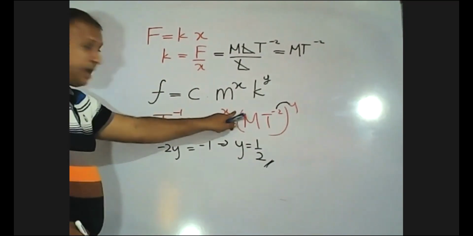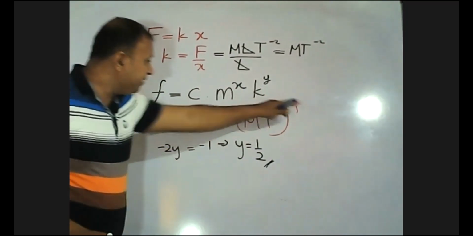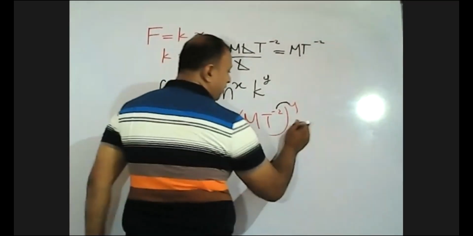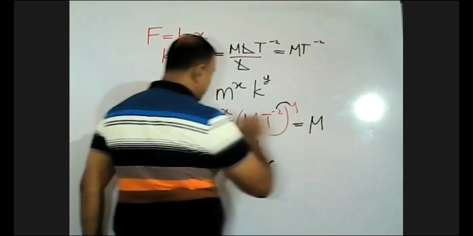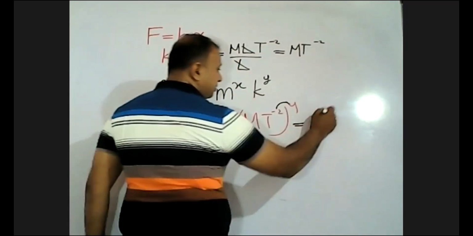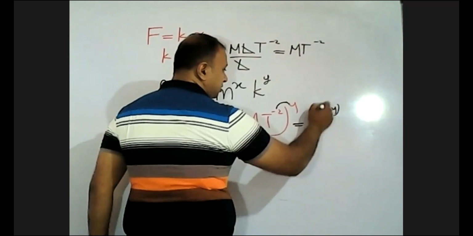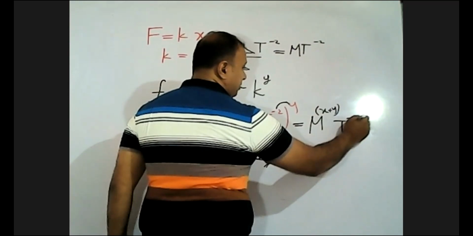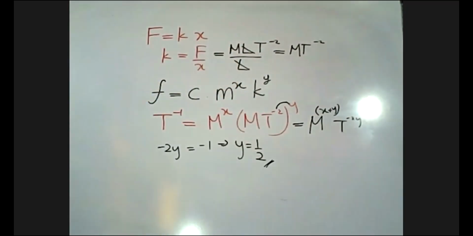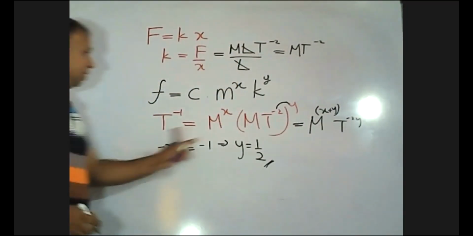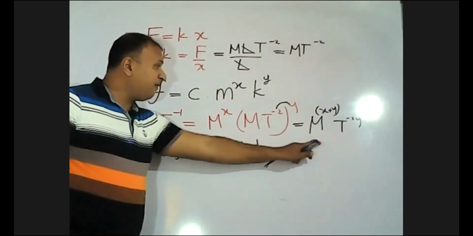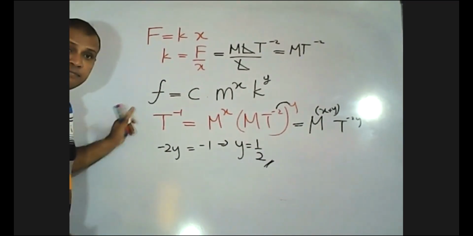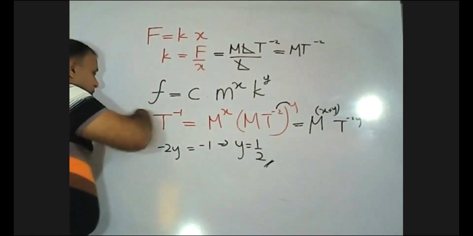Here, the power of m is x plus y, and t to the power minus 2y. You can see the power of m is x plus y here. The power of m on the left is 0 because there is no any m value.